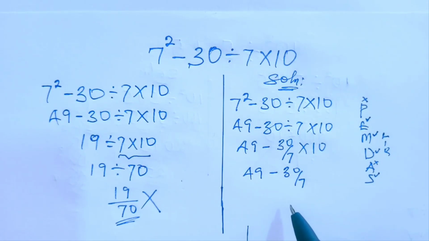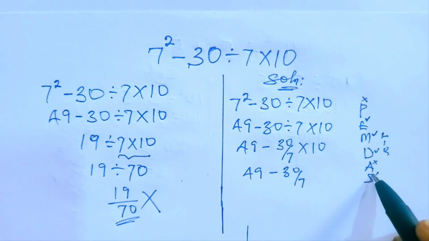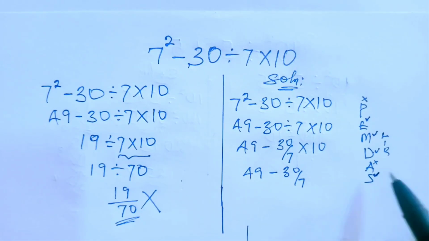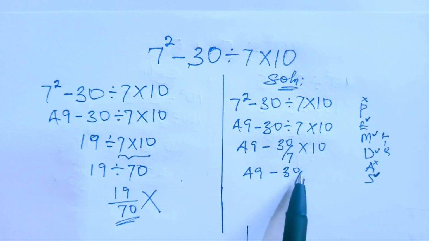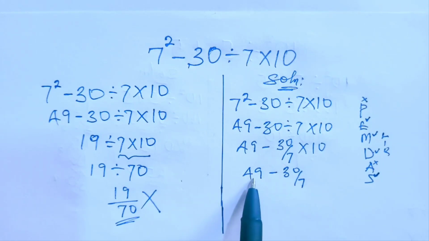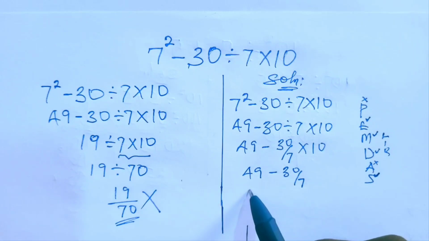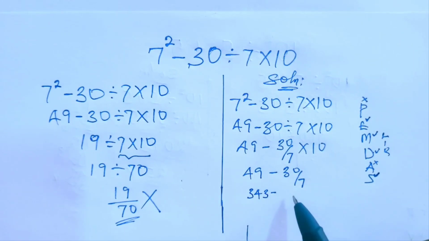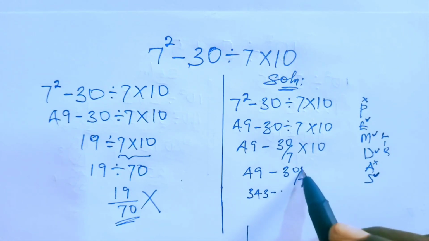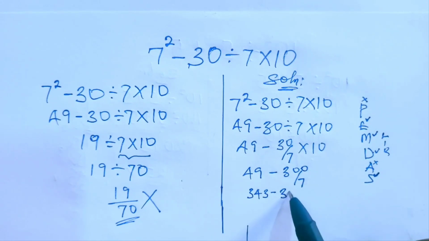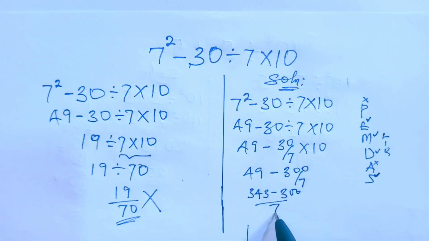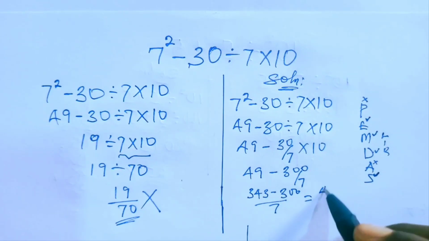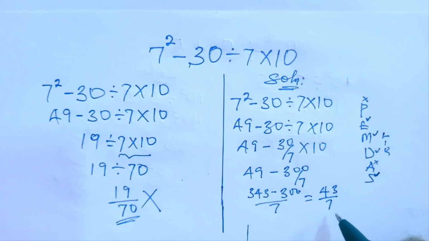Now we consider subtraction, and we have a whole number and a fraction. We multiply 7 by 49, which gives us 343 minus 300, all over 7. Subtracting the numerators, this equals 43 all over 7.